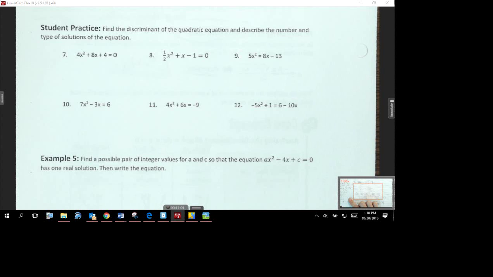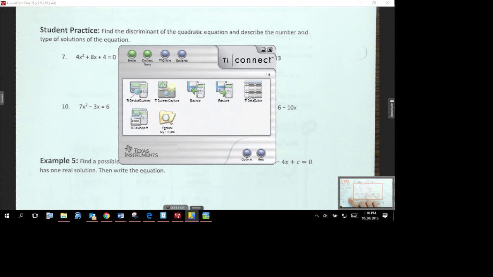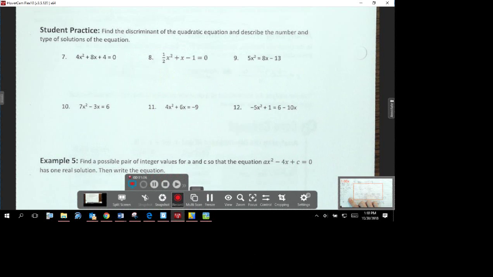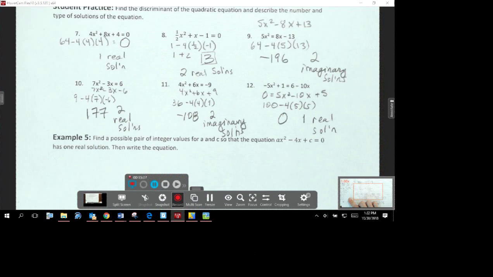I'll pause this video real fast while you guys are working. All right, so check your solutions. Check the discriminant number and the solutions. Check both the discriminant and the solutions.